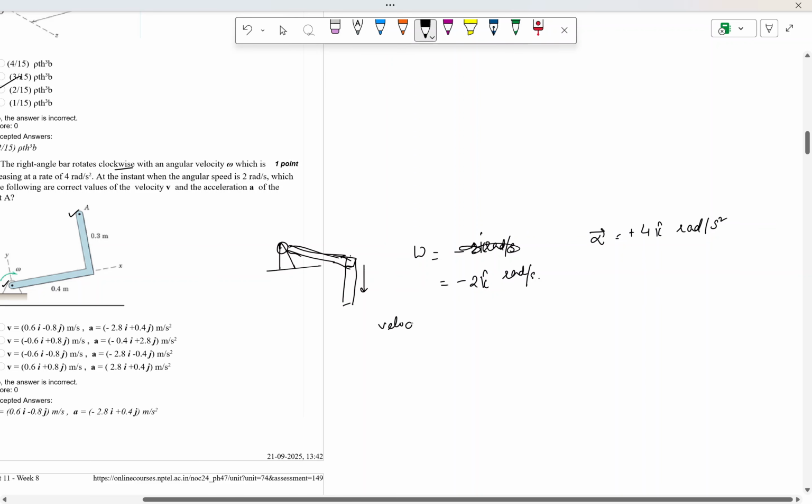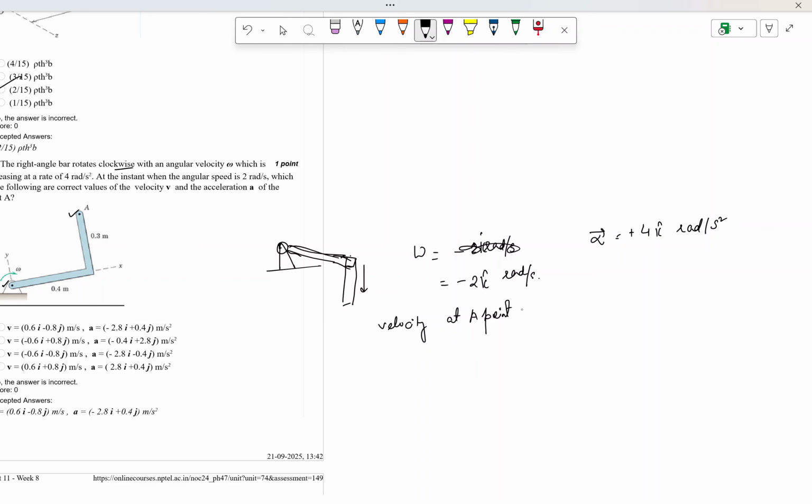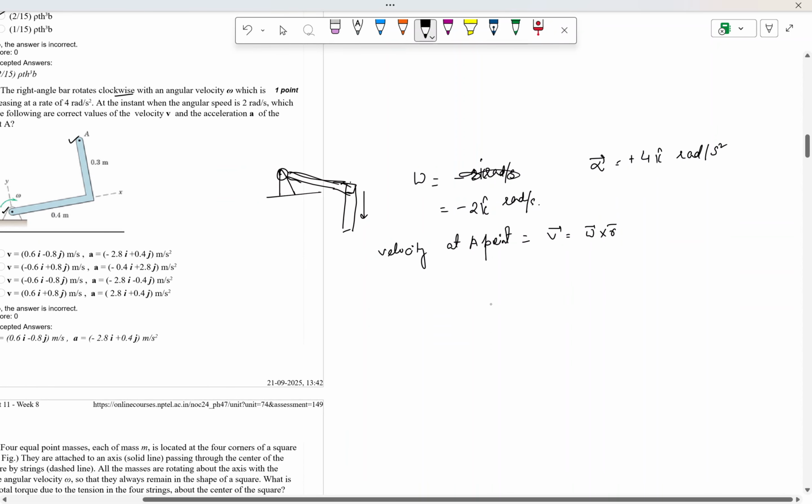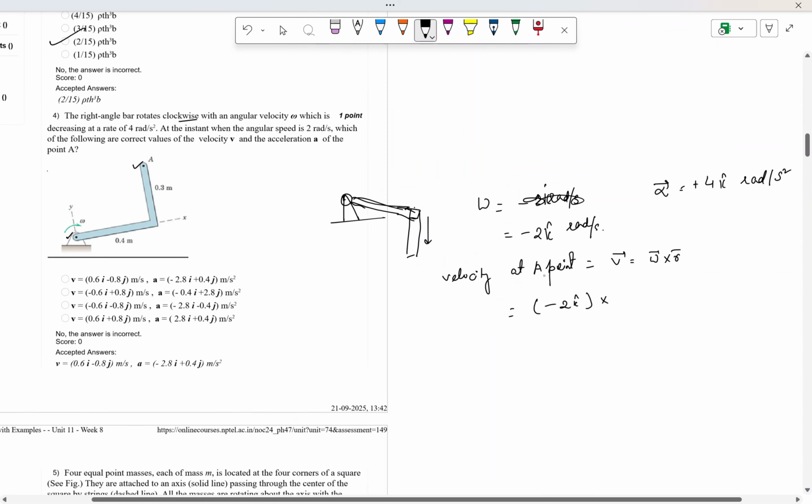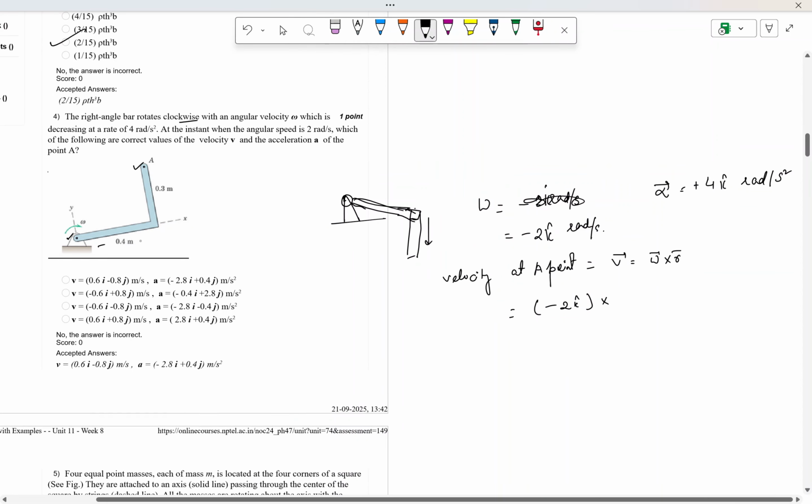Velocity at point A, V equal to omega cross R. V equal to omega is minus 2 k cap cross R vector is, this x distance is 0.4 plus this y distance is 0.3.